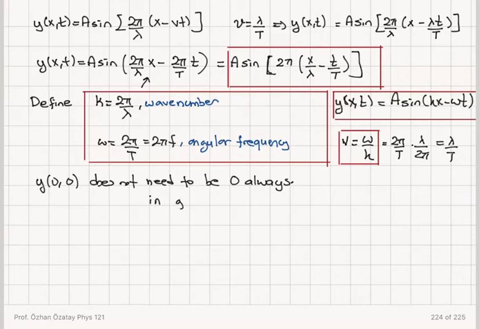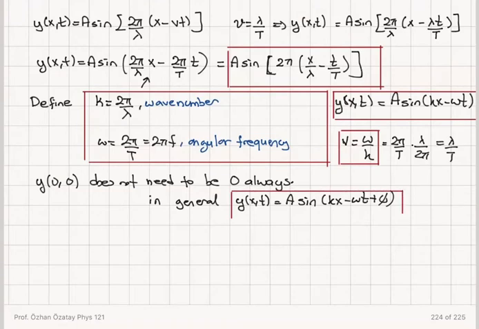In general, we can write y of x,t is equal to A sine kx minus omega t plus phi for our sinusoidal traveling wave, which is traveling in the positive x direction.